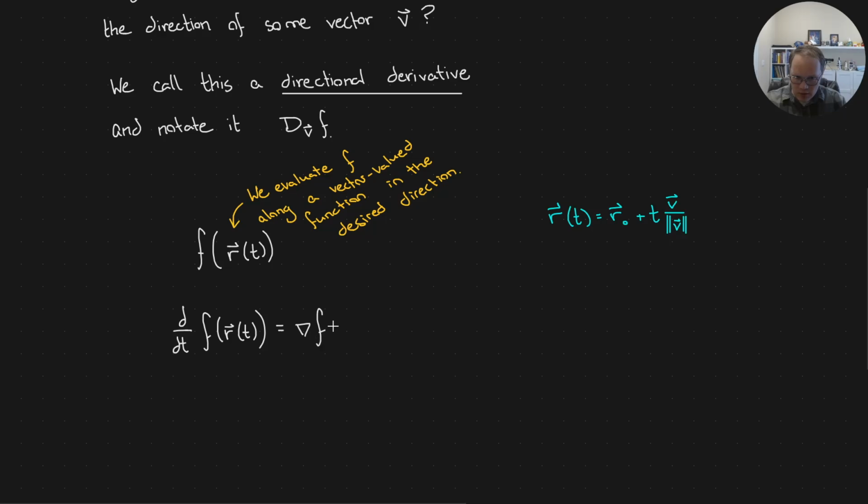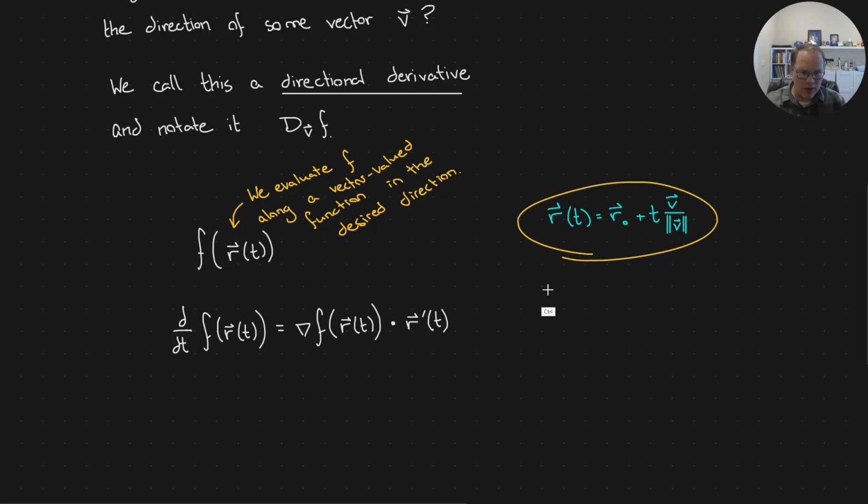Okay, so according to the multivariable chain rule, you start by taking the gradient of the multivariable outer function, and then take the dot product of that with the derivative of the vector valued function on the inside. Okay, so that gives me how much f is changing as we move along that path.